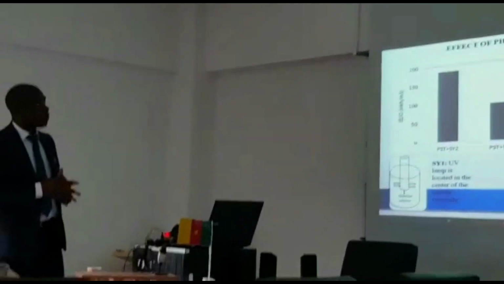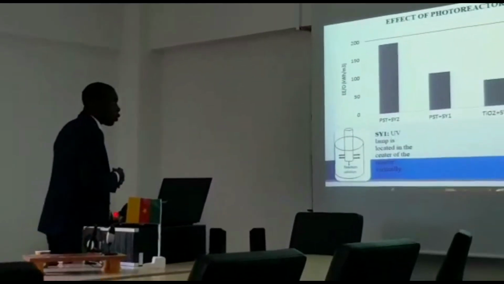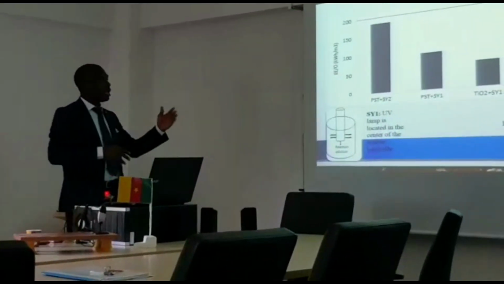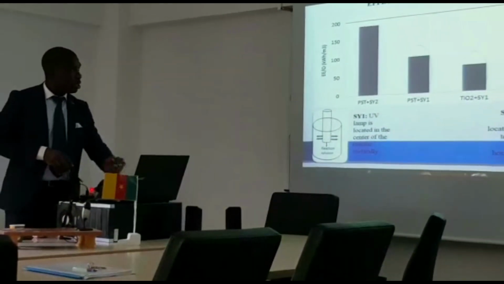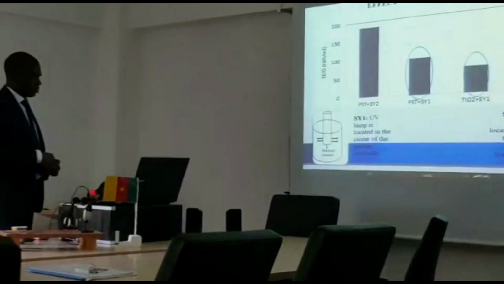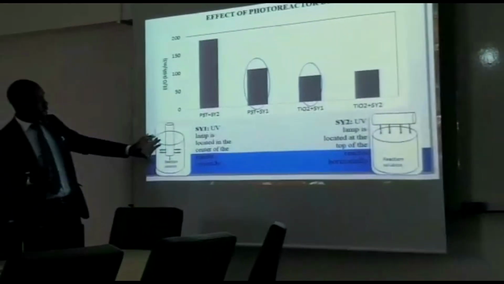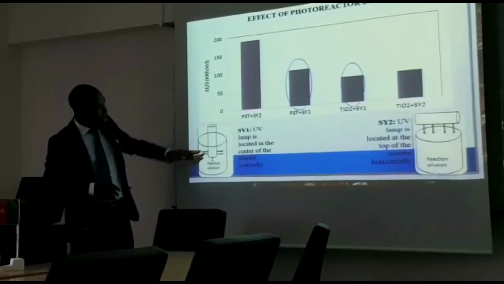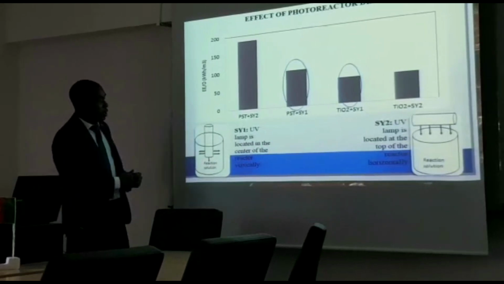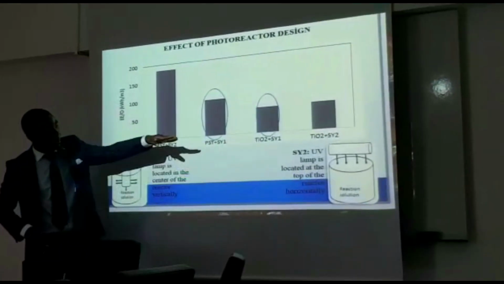What is the effect of photoreactor design? The effect of photoreactor design was evaluated by using electrical energy per order. And here we can see that we use two photoreactors. For this one, you have the UV light coming like this. And the second one was this, with the UV light coming from the top.